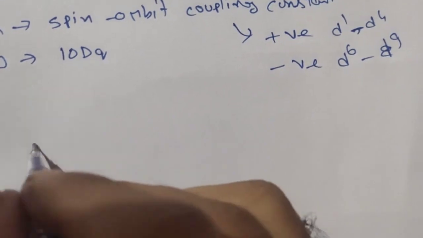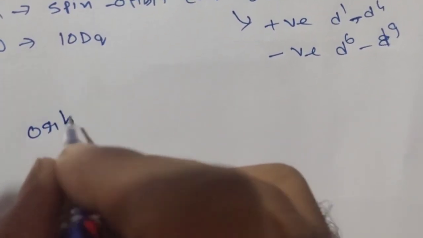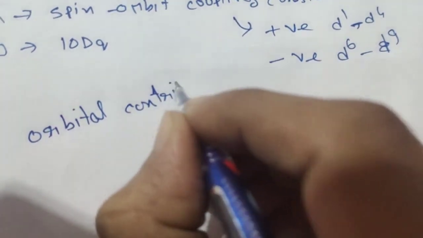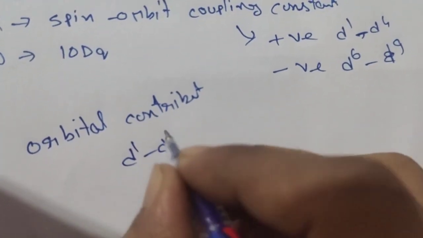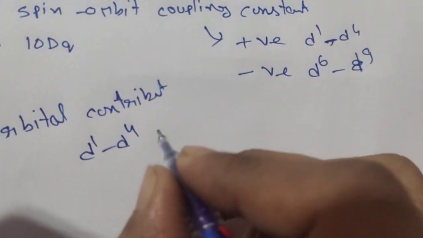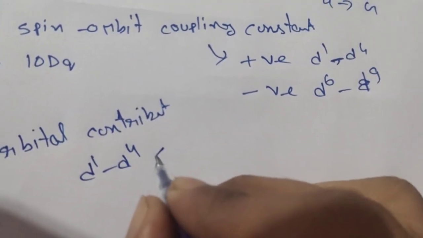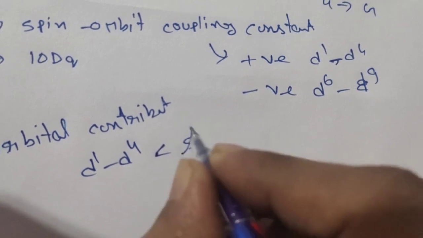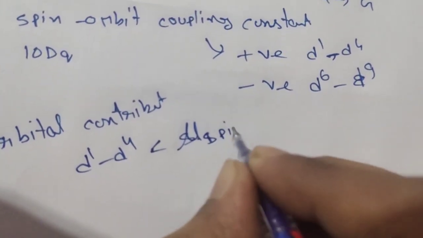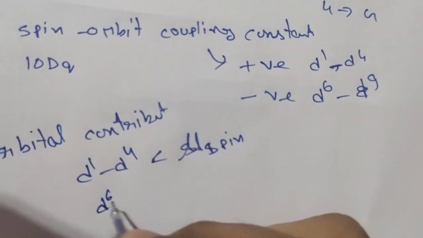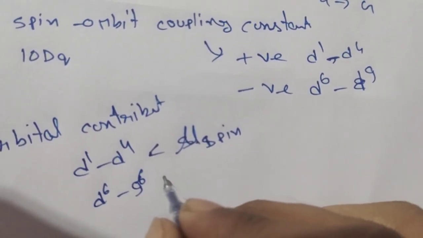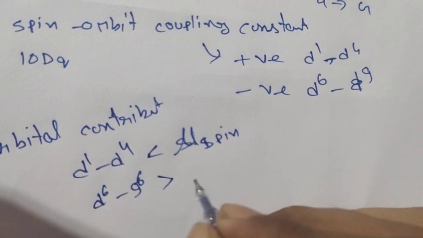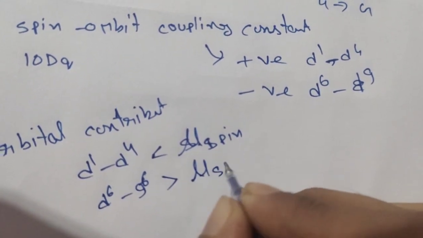So if orbital contribution takes place, then for d1 to d4 it will be lesser than the spin only, and for d6 to d9 it will be more than the spin only.